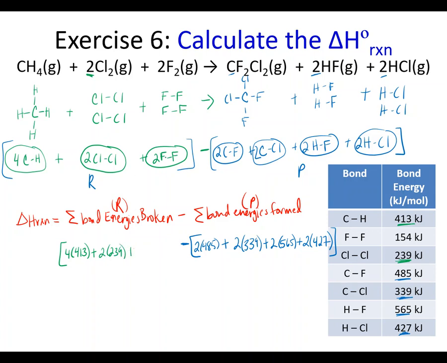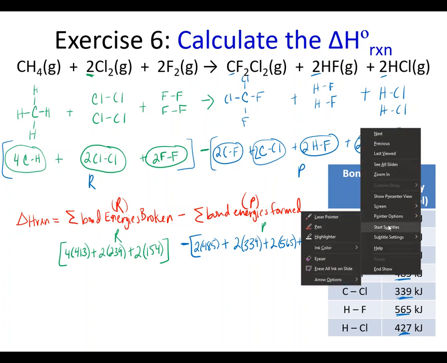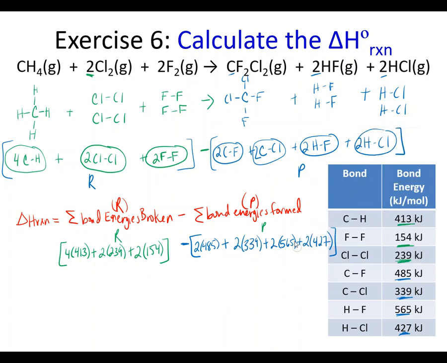And we have 2 of our F to F, which is this 154. So we have, yes, once again, our reactants and our products over here, and calculating our delta H reaction.